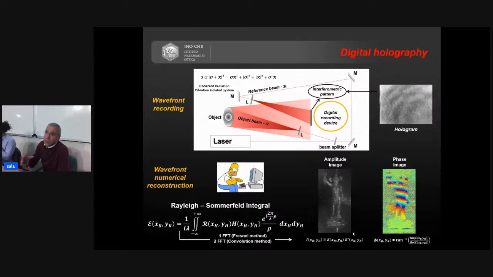Starting from this complex wavefront, it is then possible to reconstruct an amplitude image of the sample, which is a sort of black and white image, and a phase image of the sample, which contains information about the optical path of the object beam, and therefore, ultimately, it contains information about any deformation or displacement of the sample surface.